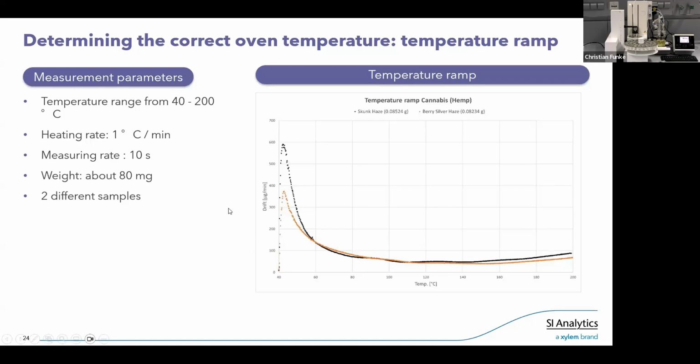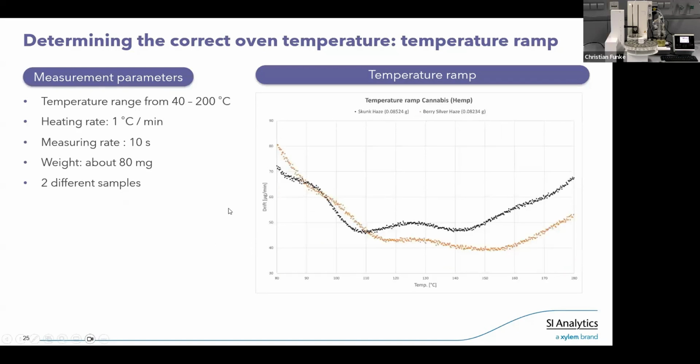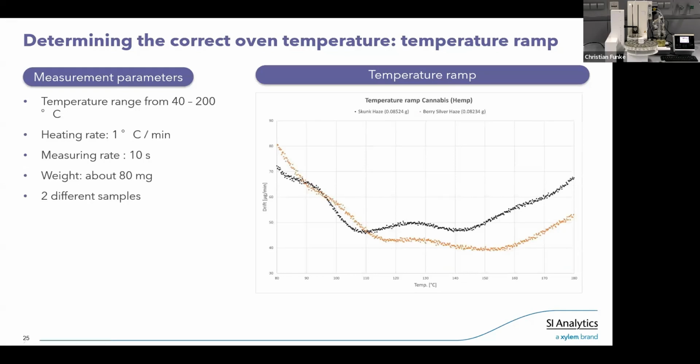So let's have a closer look at the interesting part from 100, 110 to 160 degrees. And now you can see that we have two minimums here. One at about 110 degrees and the other one at about 150 degrees.